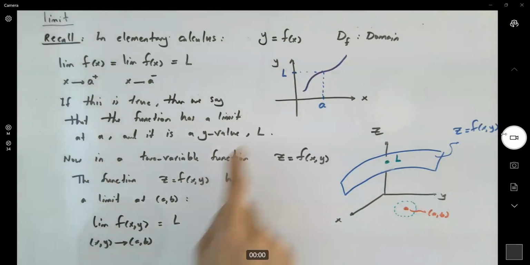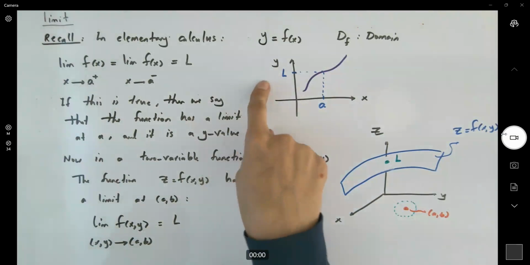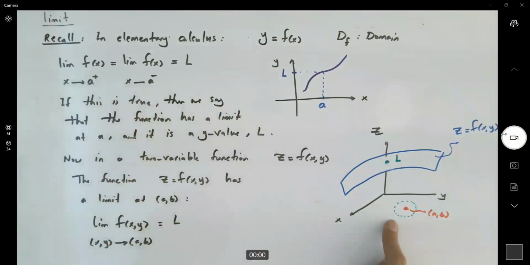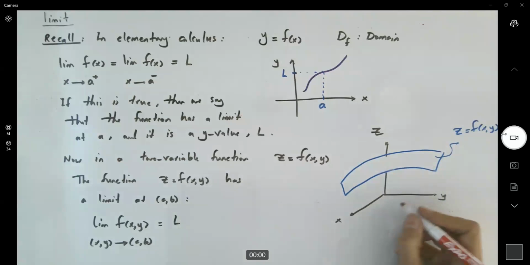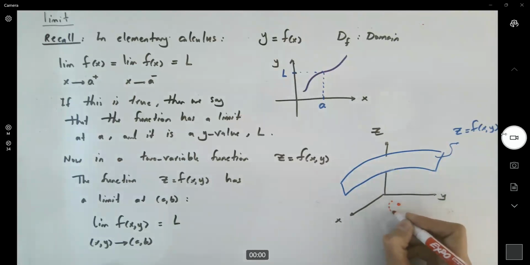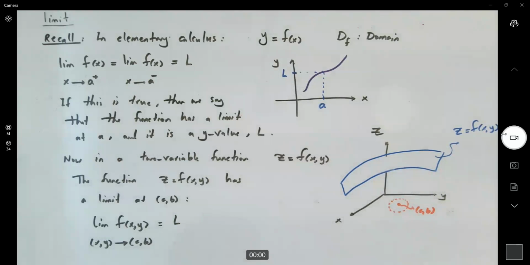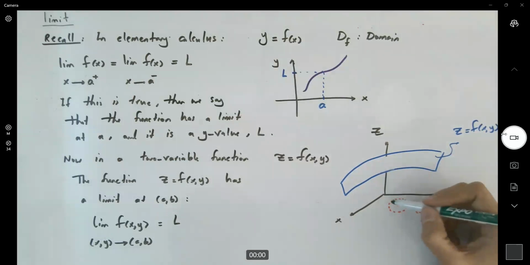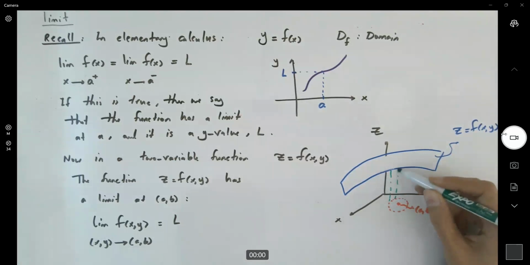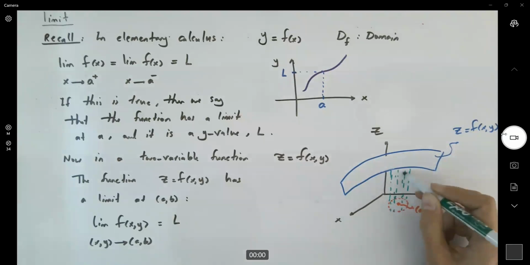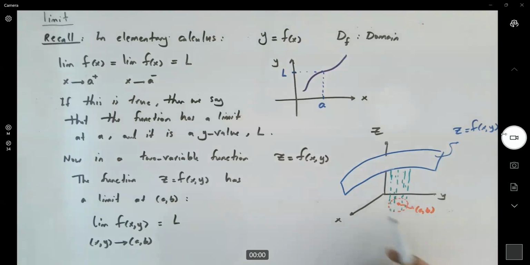But note that it's not the same as a function in 2 dimensions. You don't have just 2 directions. You are getting closer and closer to this value. This is L. This is your A and B. And around these points, A and B, you can get closer and closer to this point from many directions.